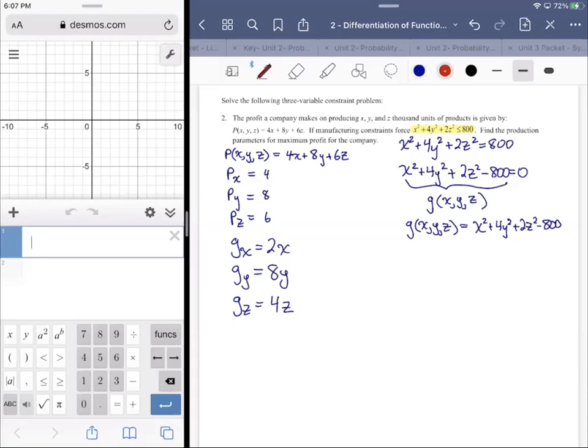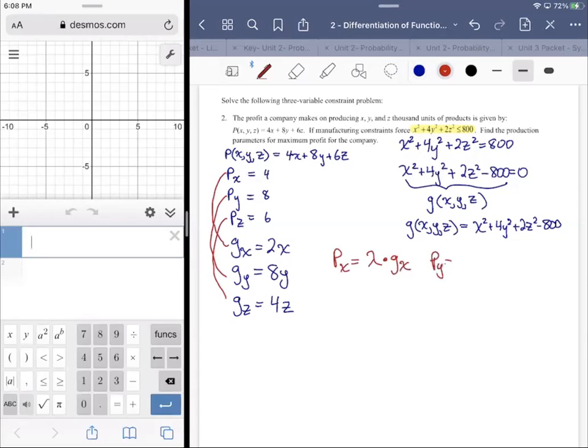All right, so what we get from the Lagrange multiplier concept is that each set of partials will be equal to one another in a proportional relationship based off of some proportionality constant known as lambda. So I could say that P sub x is equal to lambda times g sub x.